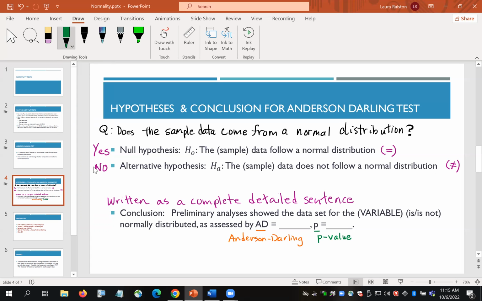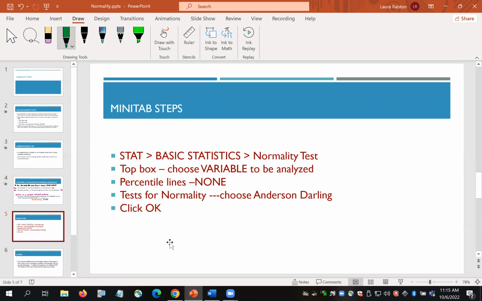Also remember that I mentioned, I think I did anyways, on Tuesday, that each test statistic has its own unique p-value. Okay, so Minitab is going to give you that information. I do have the Minitab steps, the clicks you would use to calculate the Anderson-Darling, and we'll be going through those together here in just a minute when we look at an example.